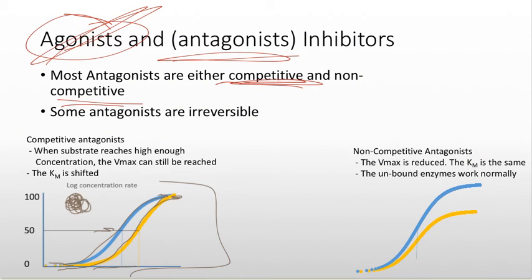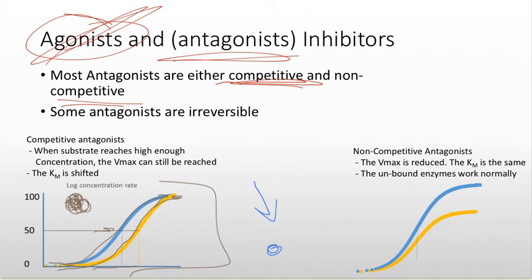So when I have a non-competitive antagonist, it's basically like I have decreased the concentration of my enzymes. I have fewer enzymes. Now you'll remember that the Km of an enzyme, the Michaelis constant, is a constant that describes the enzyme itself. It also describes the group of enzymes together.